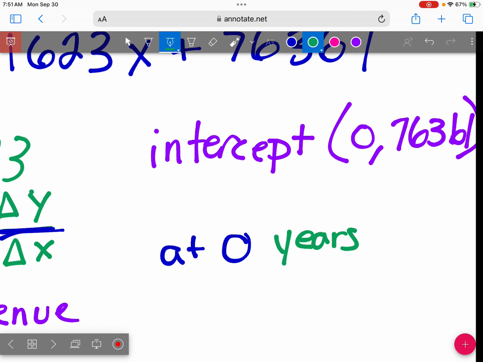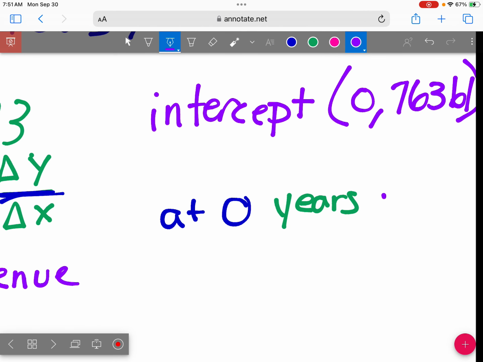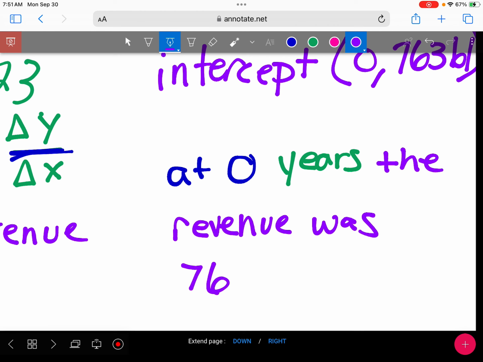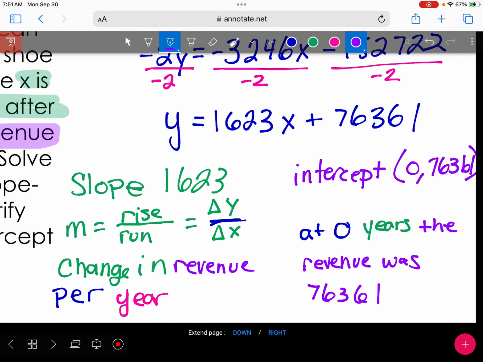There's a lot of ways you can put it. The revenue was what? Would they put a dollar sign before that because dollars? Yes, I probably would. But at this point, I wouldn't take points off for it.